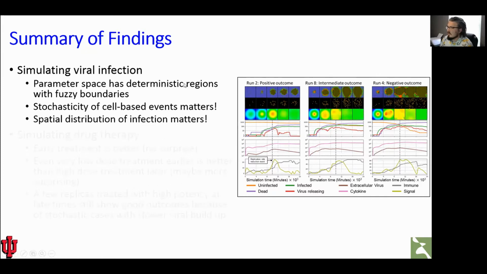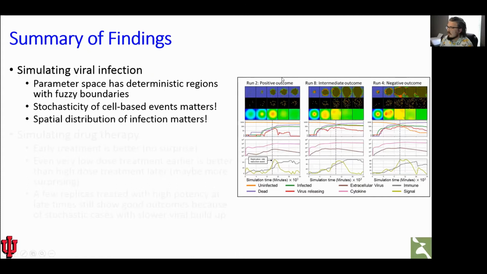So we see from this example here on the right, these are 3 different simulation replicas of the same parameter set. And what we found was that for positive outcomes where infection was slowed, as you see here, at the end of simulation, there's still at least a notable region of uninfected cells.